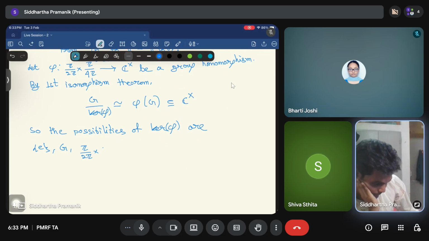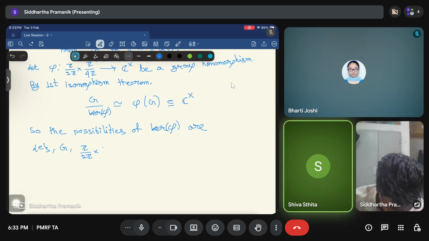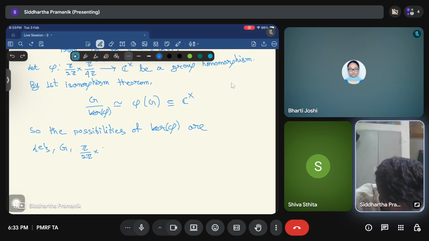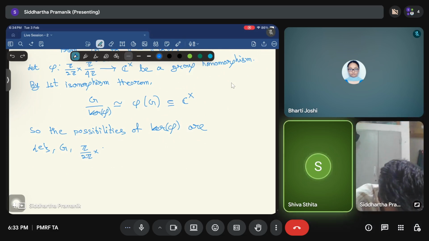Why? These are generators. Can you repeat the generators once more? In Z mod 2Z, 1 is the only generator. In Z mod 4Z, the class of 1 and 3, 1 bar and 3 bar. Yes. So the class of 1 goes to 0 and 3 goes to 0.